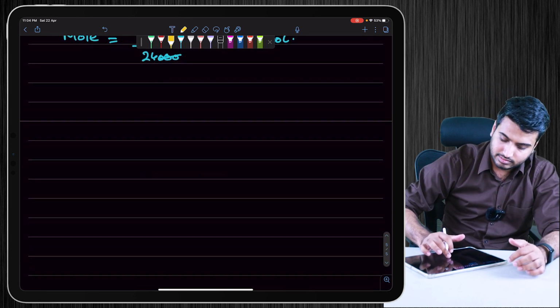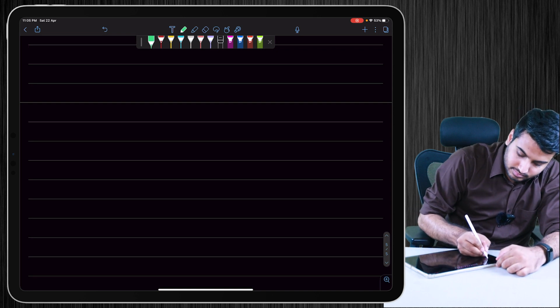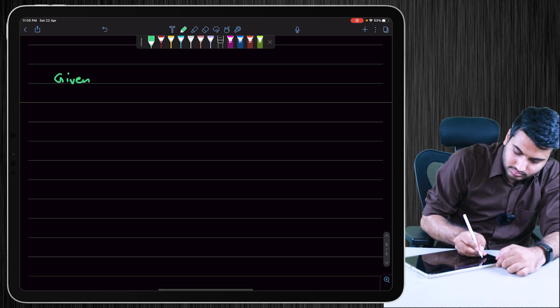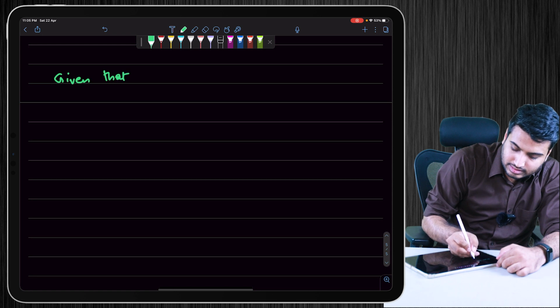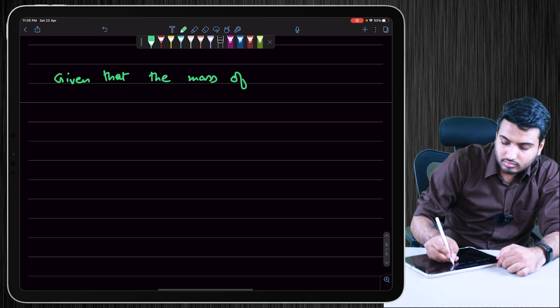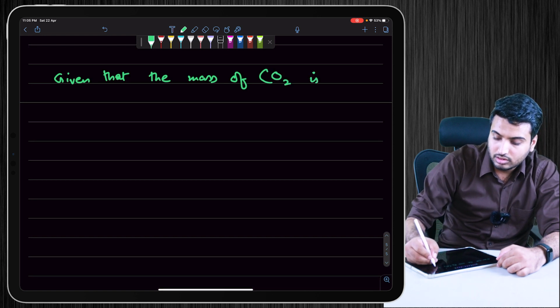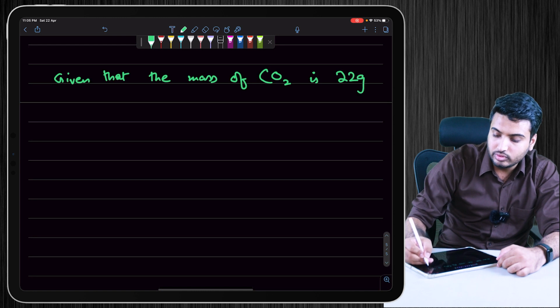All right, now let us do another word example. They say that given that the mass of carbon dioxide gas is 22 grams.